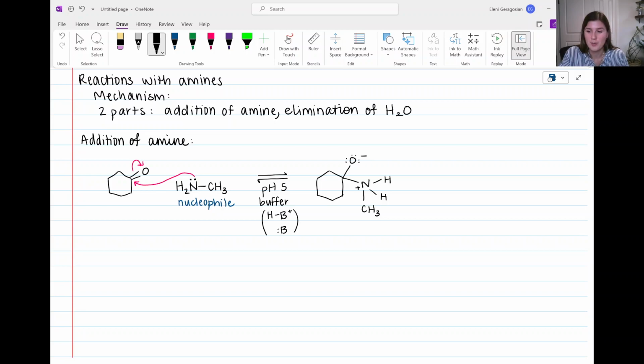We have nitrogen with a positive charge that would be neutralized if it gave away a proton. The oxygen and the nitrogen that can give away a proton are already near each other in this molecule. And so we can do an intramolecular proton transfer reaction where the oxygen takes a hydrogen from the nitrogen. And that neutralizes all of the charges that we need to neutralize.